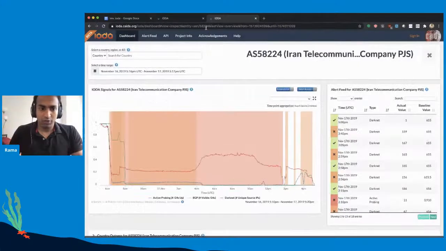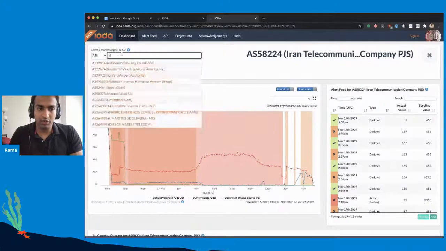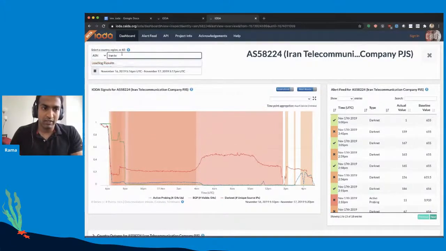By default, it's just going to show us the same as before, as you would expect. But let's now change the AS. Let's look for a different network in Iran. So let's look at Iran Telecommunication Company, Company AS 12880.